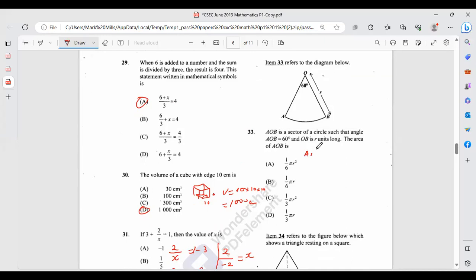So that being 60 over 360, and then you multiply it by pi r squared. How will I modify this to get one of these answers? You divide 360 by 60, which is 6. So we get 1/6 pi r squared. So what is my answer? A. Thanks.